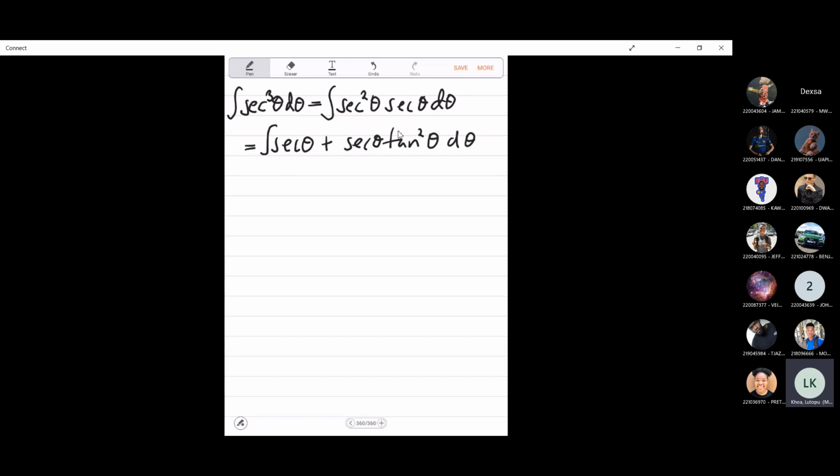So we let u equal to tan theta. Du is sec squared theta d theta. And dv will be sec theta tan theta d theta, and that means that v is sec theta. Now we can integrate everything.